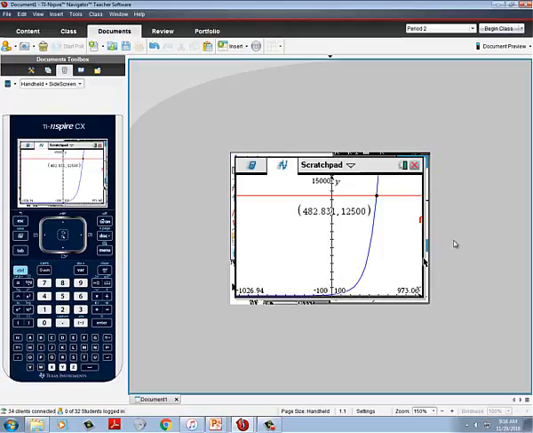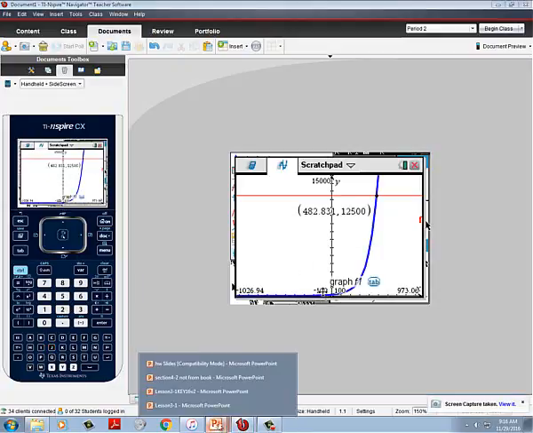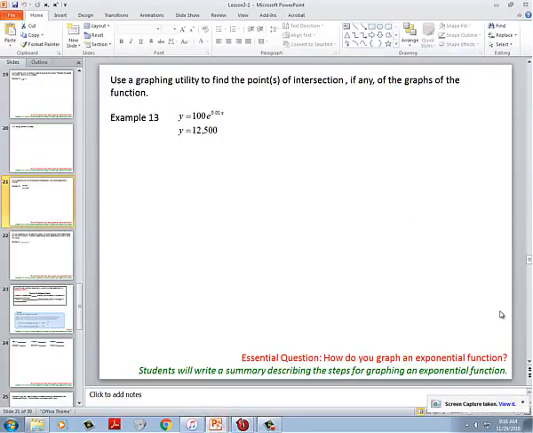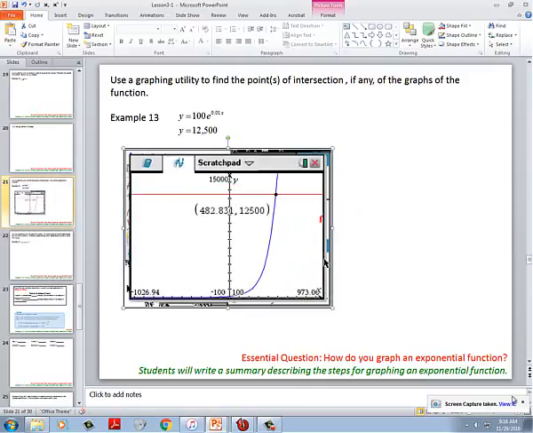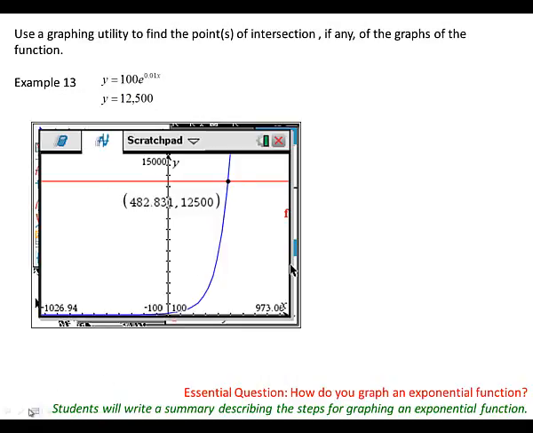So probably what I would do is I would sketch it, since you were told to graph it, and then write down that point. So I would sketch it and then make sure that you have written down 482.831, 12,500.